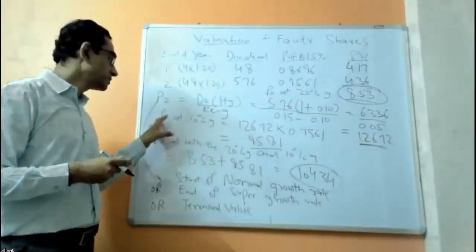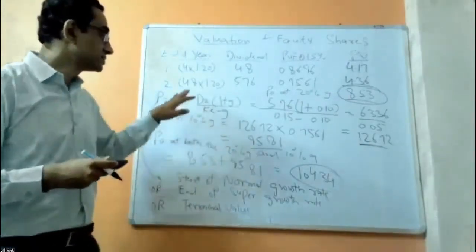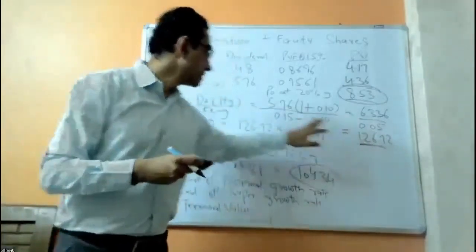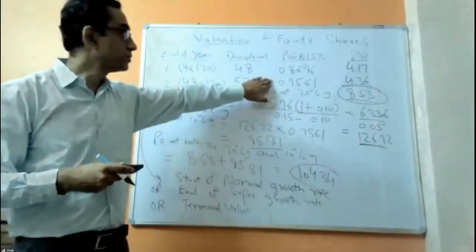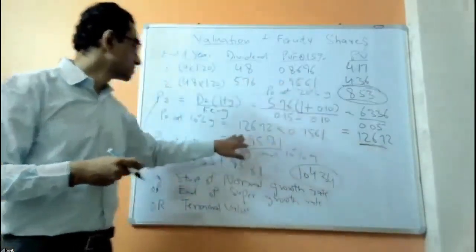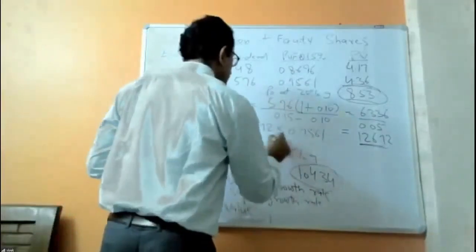We have to arrive at the present value at the start of the first year. Therefore, this 126.72 has to be multiplied by the present value factor at the end of the second year, which is 0.7561. So this present value at 10% growth rate is 95.81.